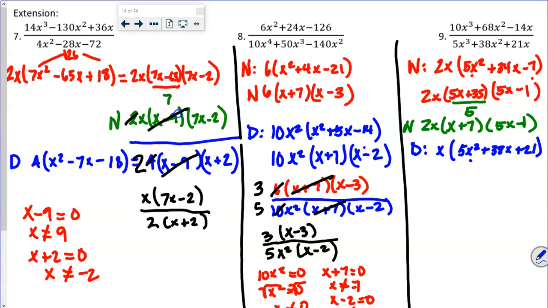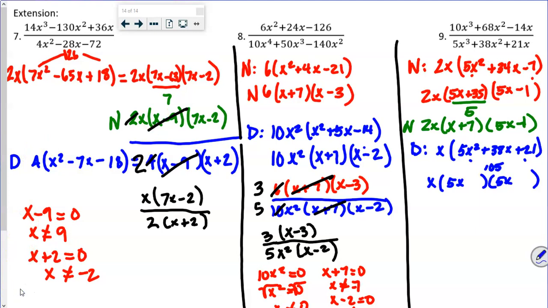Again, we're going to multiply these together. That's going to give us 105. So I'm going to do my x out here, and my 5x and 5x again. We're looking at what are the factors of 105 that add up to be 38.